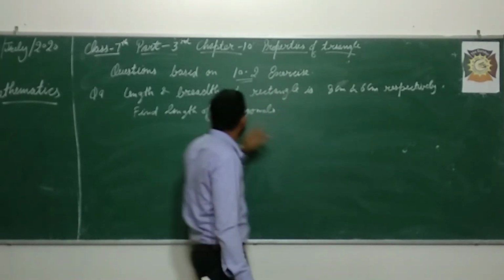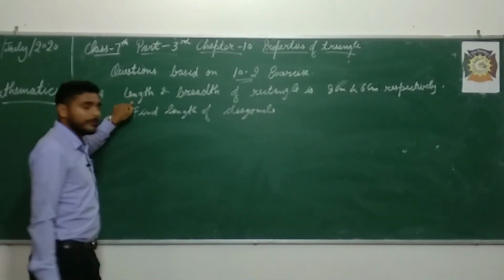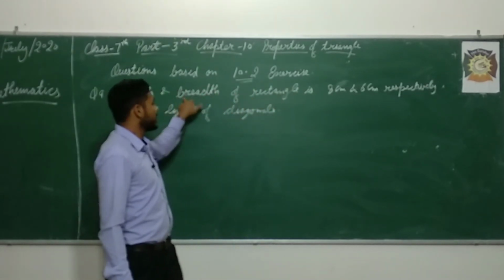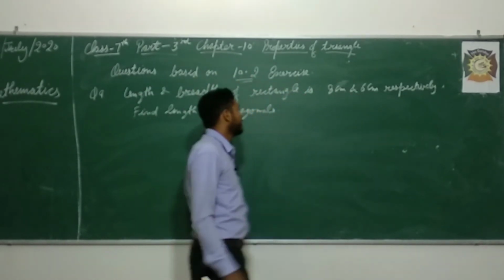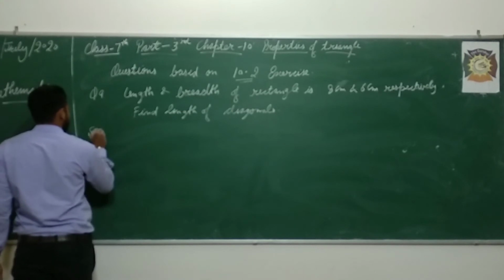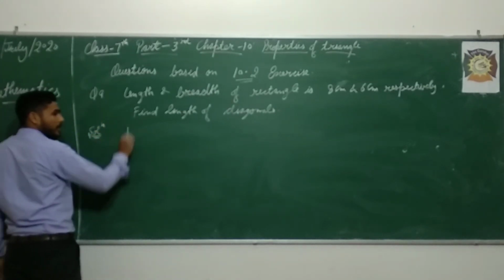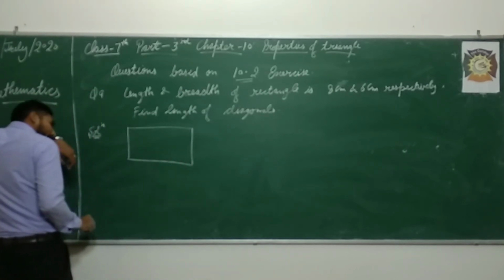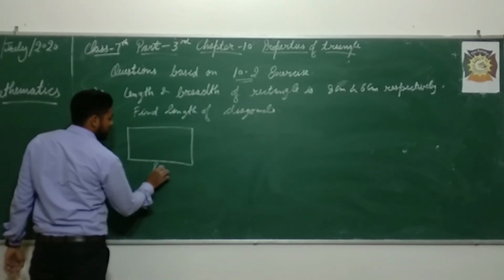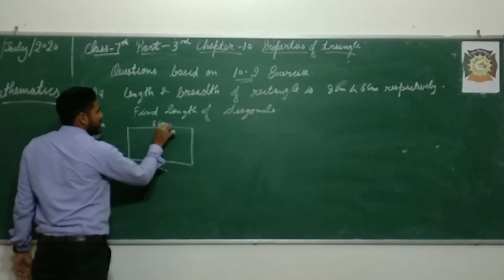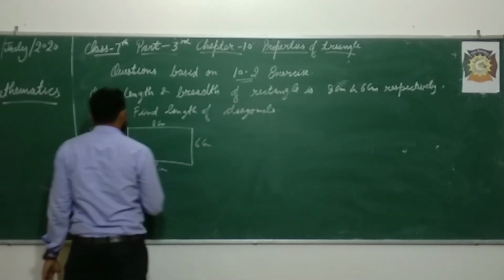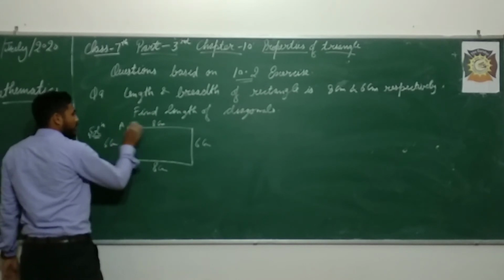Respectively means the first is length and the second is breadth. Now the solution of this: draw a rectangle whose length is 8 cm and breadth is 6 cm.